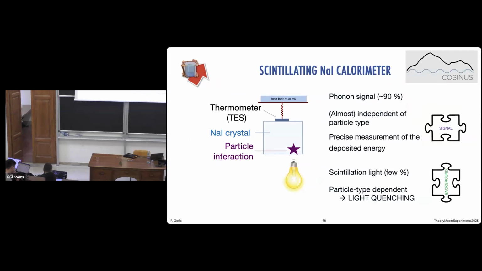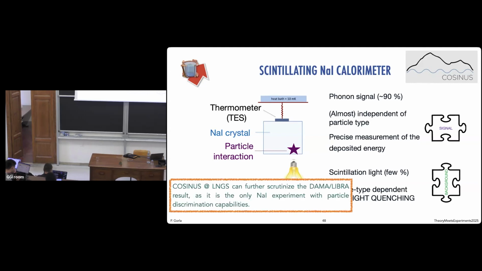The next step I will go to cryogenic detectors and give you all the details you may need to understand. But the nice thing of COSINUS is they can discriminate particles. They do particle discrimination. So this detector that is now almost ready to start at Gran Sasso lab can further scrutinize the DAMA/LIBRA signal, as it's the only sodium iodide experiment with particle discrimination capability.